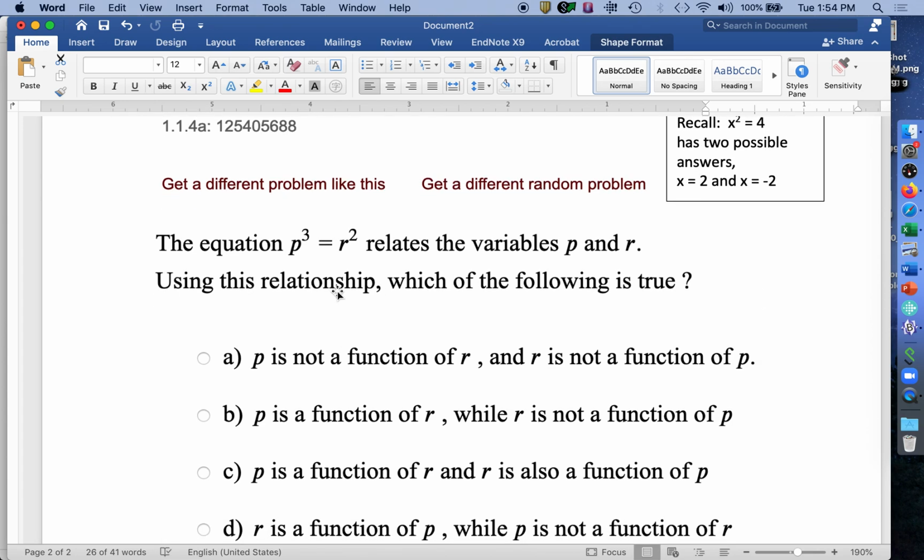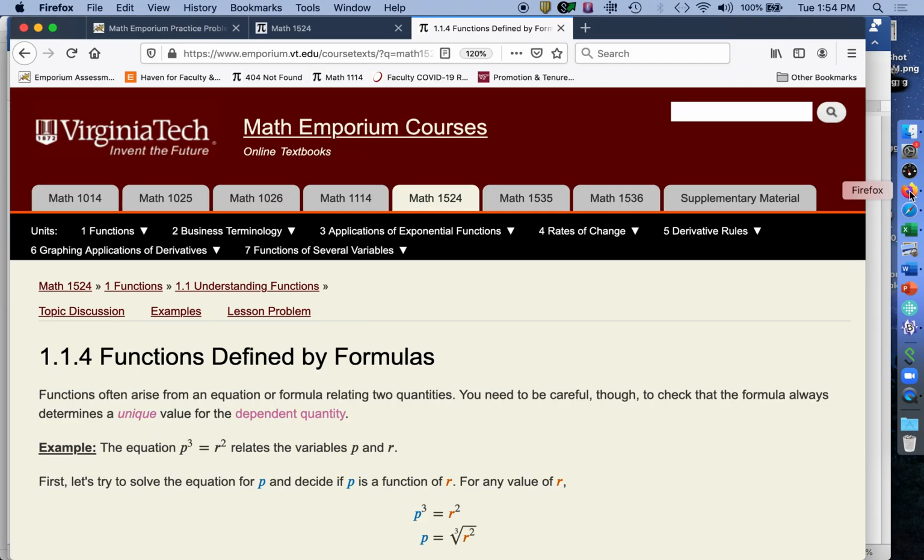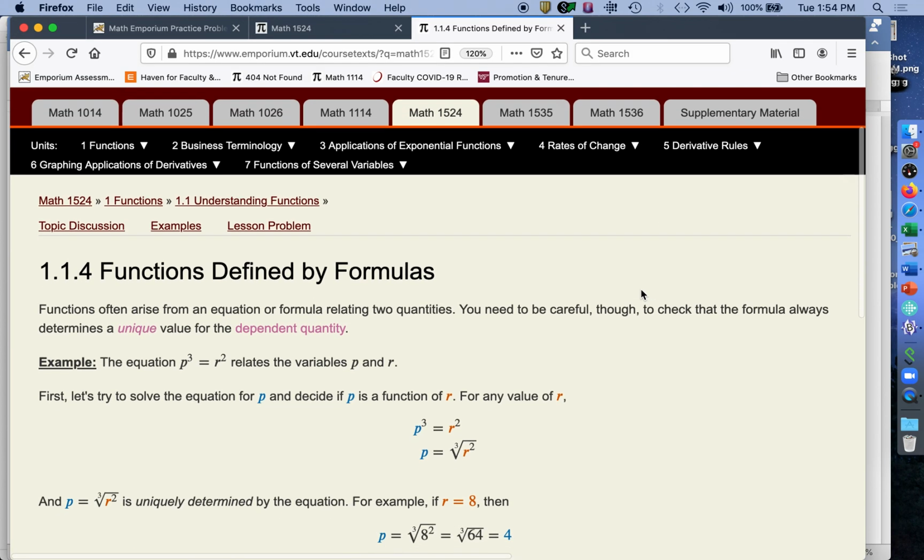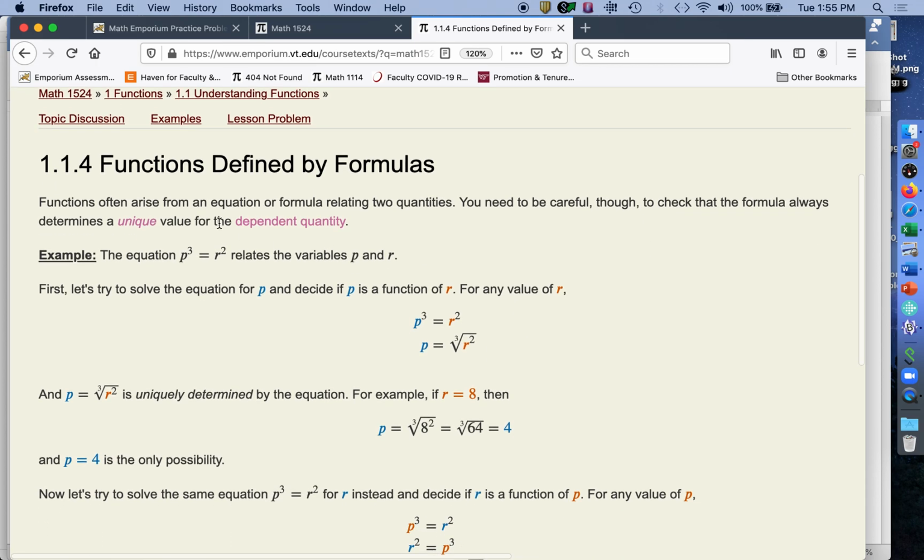This one says the equation p cubed equals r squared relates the variables p and r. Now, which is true? This exact example, p cubed equals r squared, just happens to be in your textbook. This is in 1.1.4, which corresponds to the question number we were looking at.